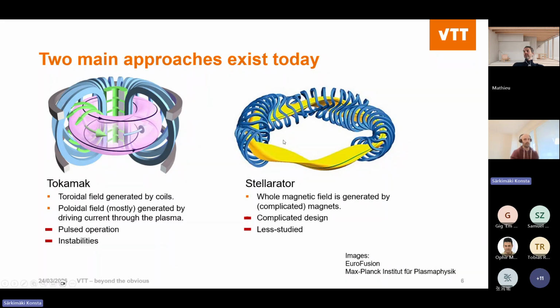The other way is the stellarator, which differs in that we don't have plasma current, and instead the whole magnetic field is generated by the magnetic coils themselves. Here the yellow is the plasma, and the blue parts are the coils. These have their drawbacks and advantages.